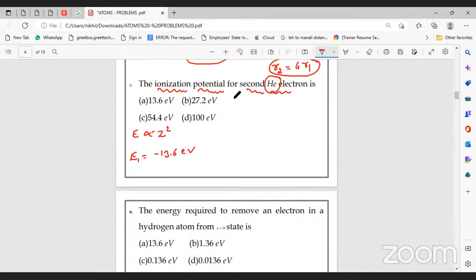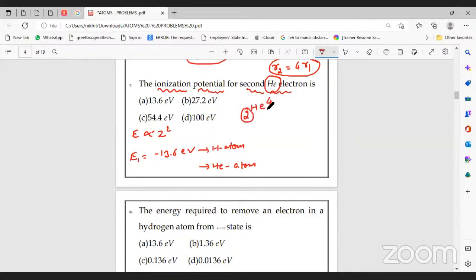Now they are expecting it for helium. This is for hydrogen I'm talking about. Can you tell me for the helium atom? Helium atom means 2He4.